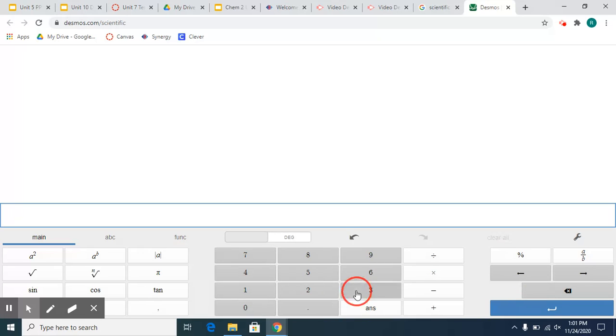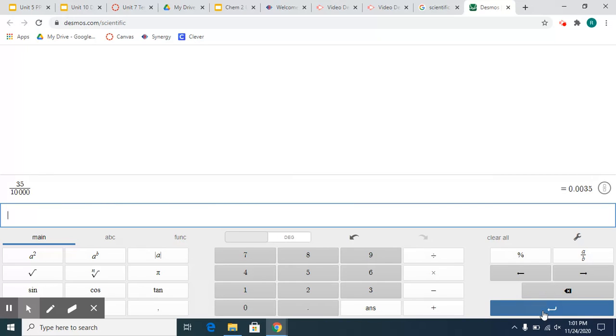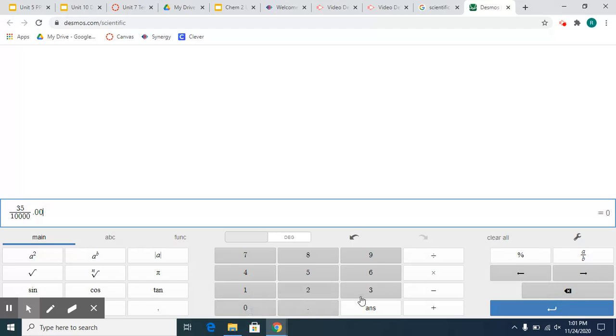So 35 divided by 10,000. Hit enter. And then we times it. So 0.0035. Why is it doing this?